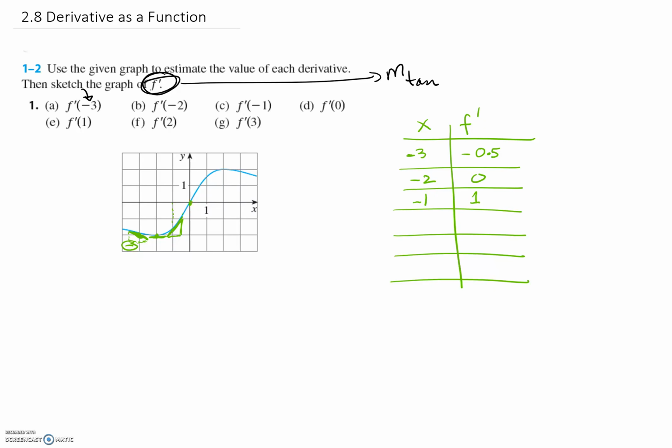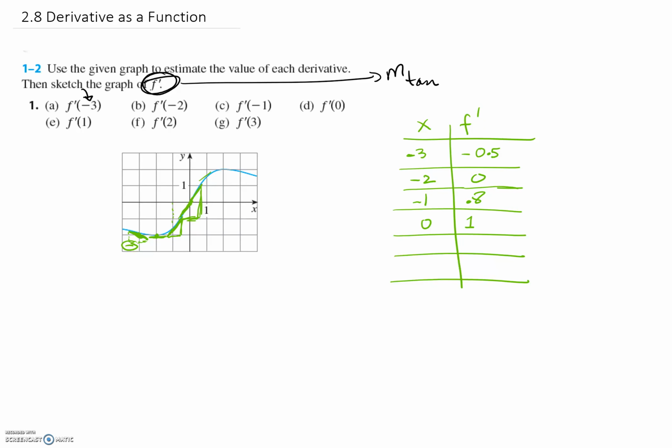At 0, it looks like also it may be close to 1. It looks similar to the other one, although it's a little bit steeper than the previous one. So maybe I'll make this like 0.8-ish and say that this is about 1. Again, they're all guesses.